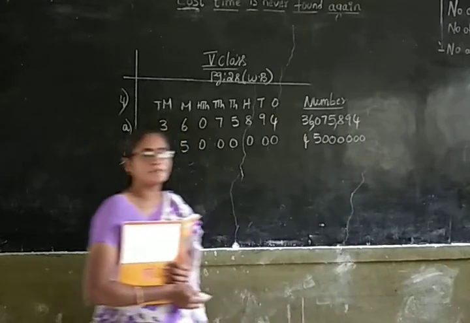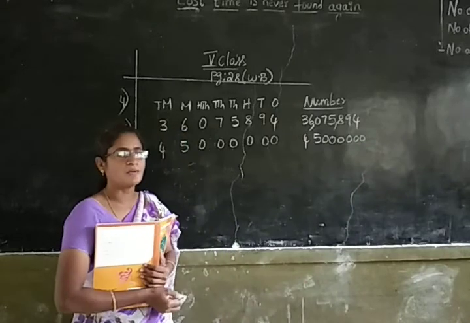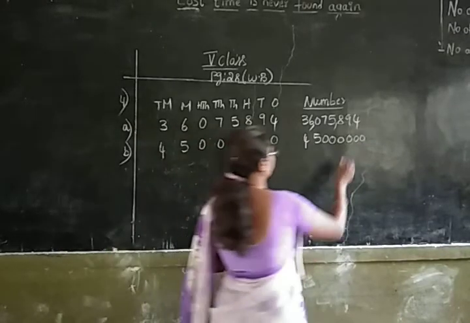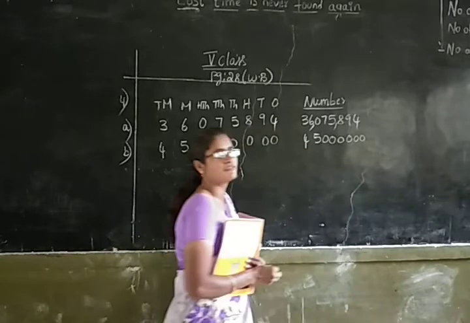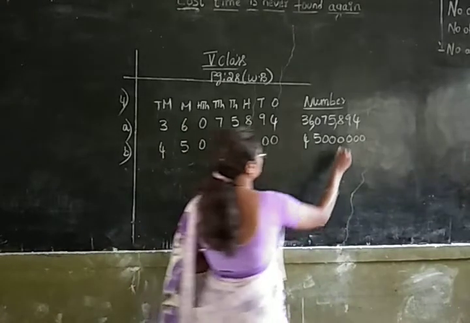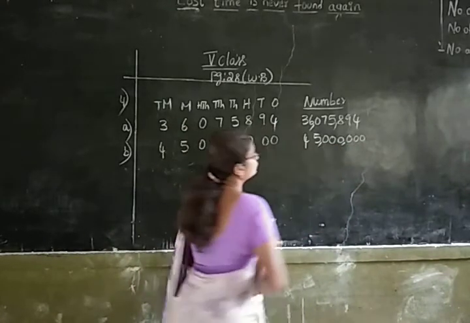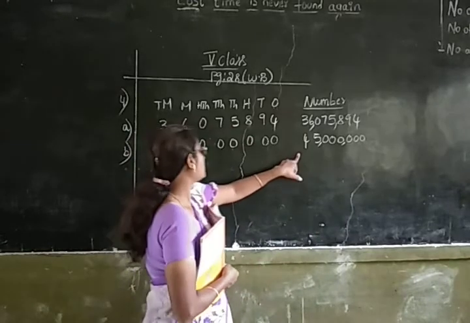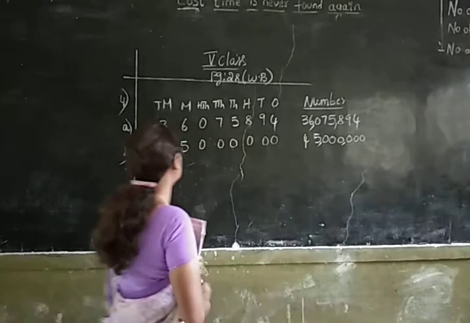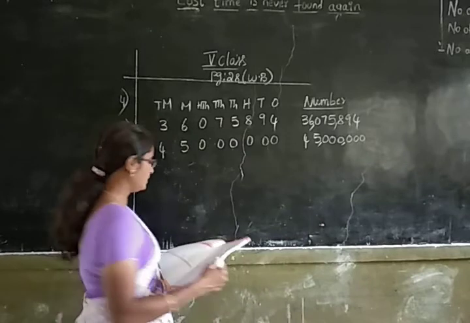After writing the number, you have to place the commas according to the international system. You have to place the comma after every 3 numbers. So this number is 45 millions.